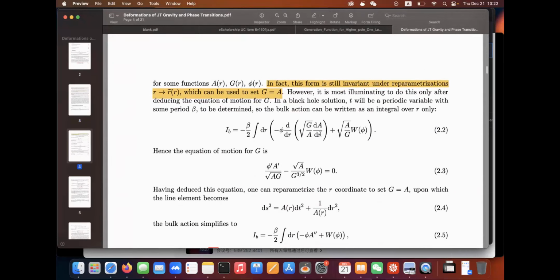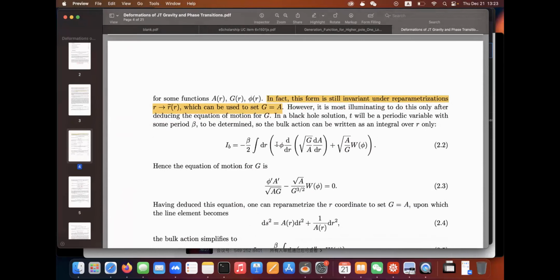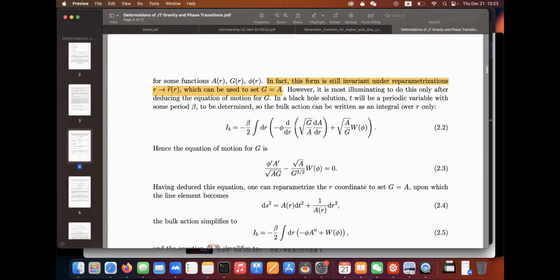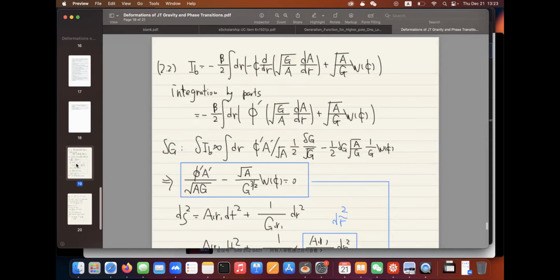Then it's not hard to put the metric back into the action of the dilaton gravity. Then you will find the action can be written in this form. Okay, good.